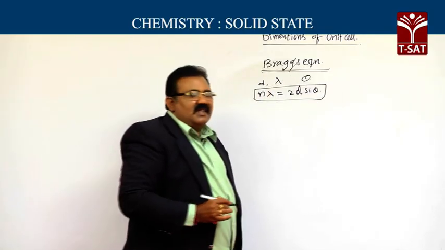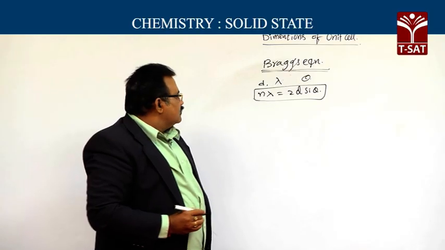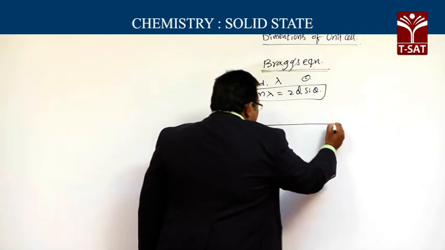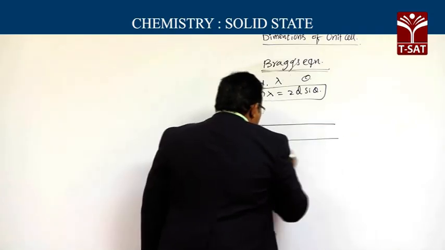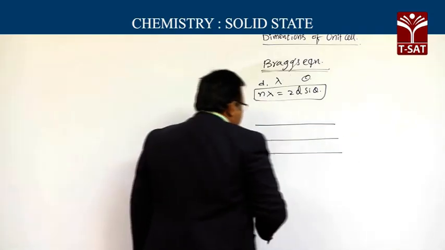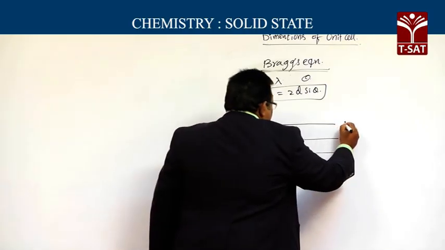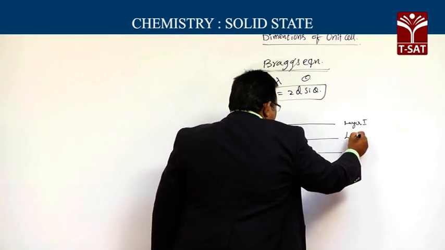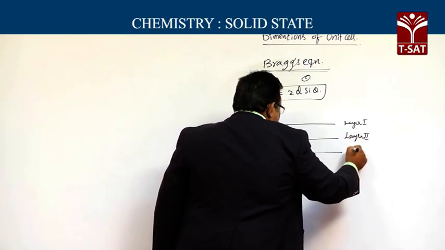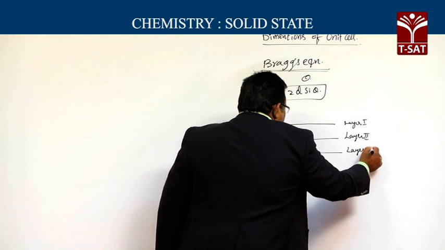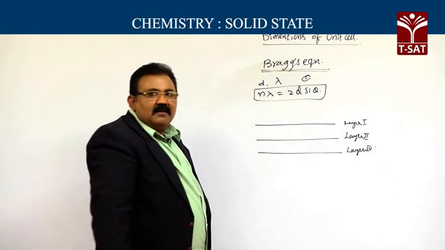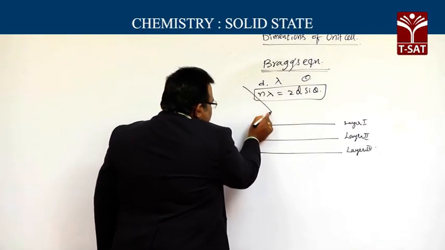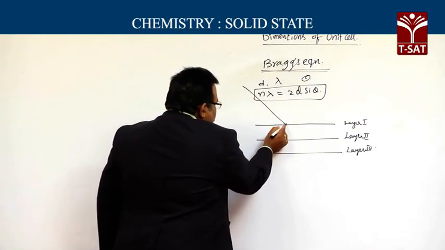How did this relation come? Let us see. Consider a crystal. This is a crystal plane, this is the third plane. This is layer 1, this is layer 2, layer 3. Consider an X-ray falling on the first layer.